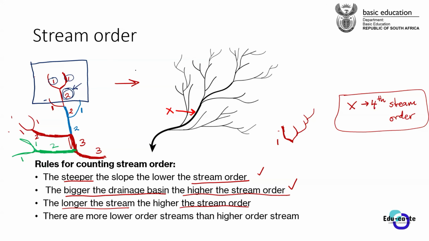For example, the highest order that we were able to obtain was the fourth stream order. Let's just say that was the highest order. We only had one fourth stream order, but we had a lot of first, second and third stream orders. We had a lot of those lower orders, but we only had one higher order.